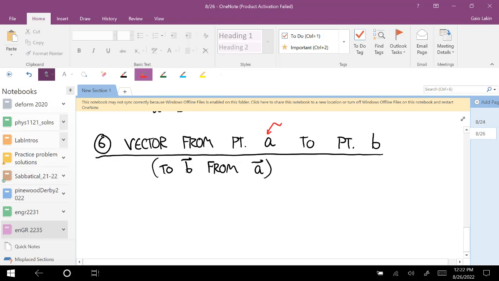This is A, here is the start, and B is the end. There are two ways to do this.